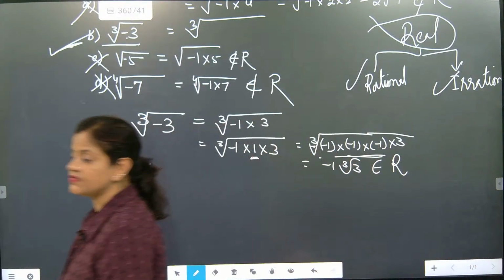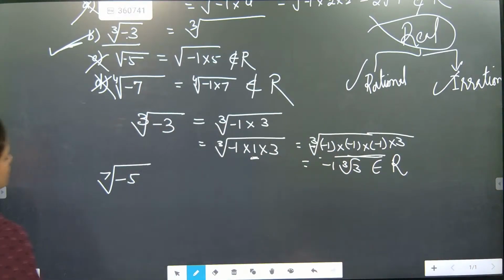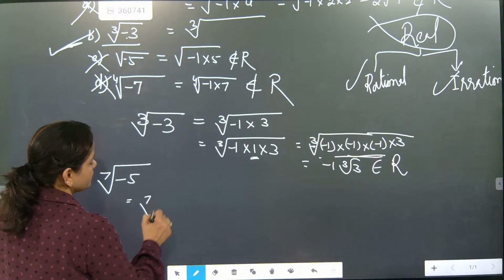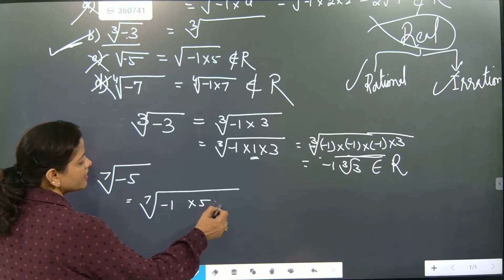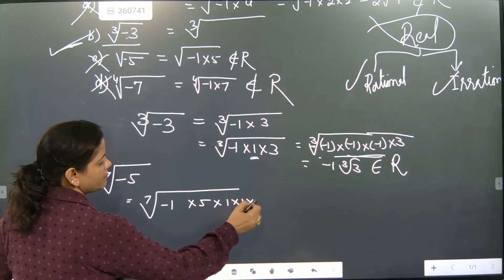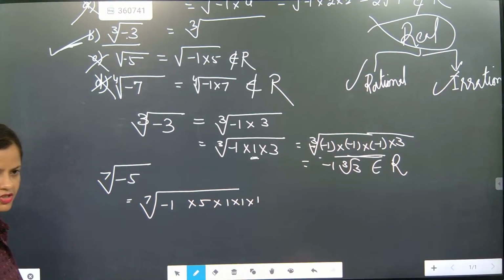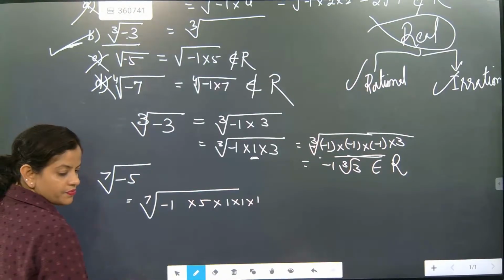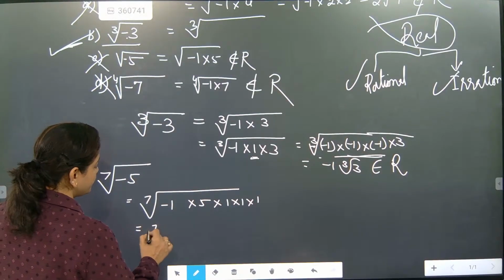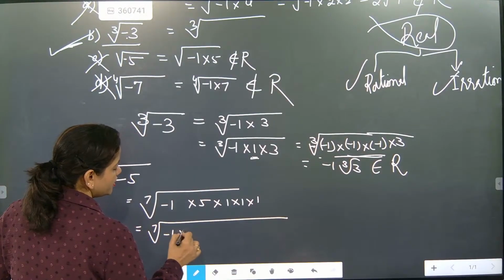Seventh root of -5. How are we going to check this one out? Now look at 7 into -1 into 5. Then how many times can I write 1? 1 time, 2 times and 3 times. Understood? 1 into 1 into 1 is nothing but 1 only. So now -1 into 5.